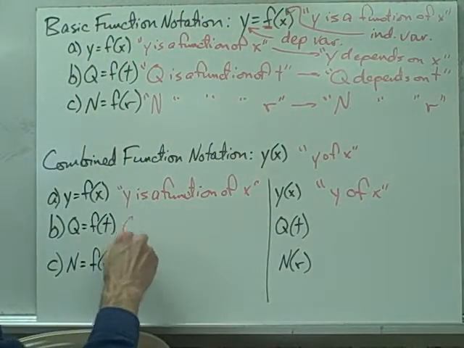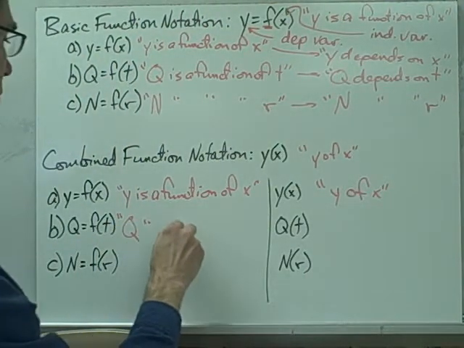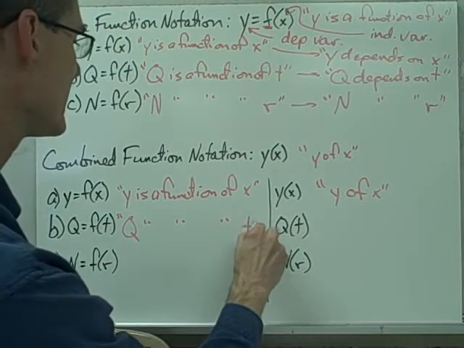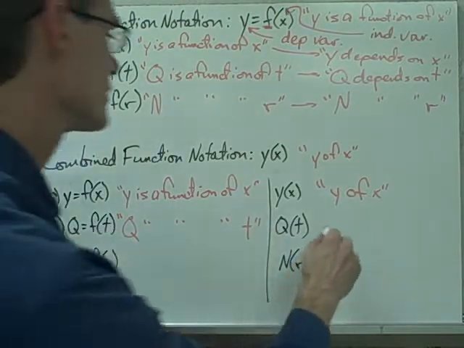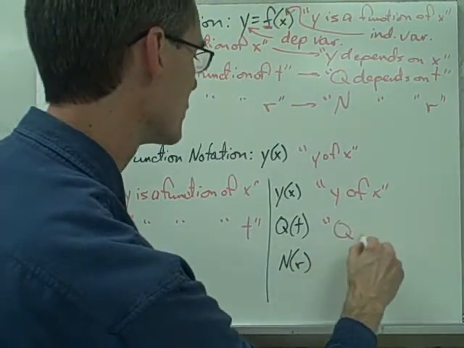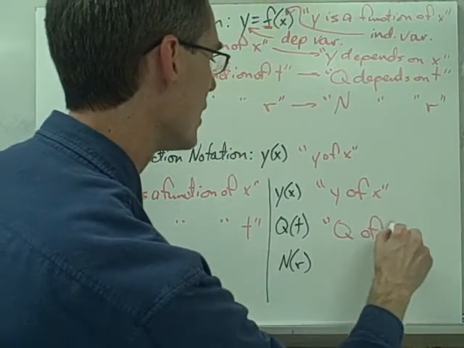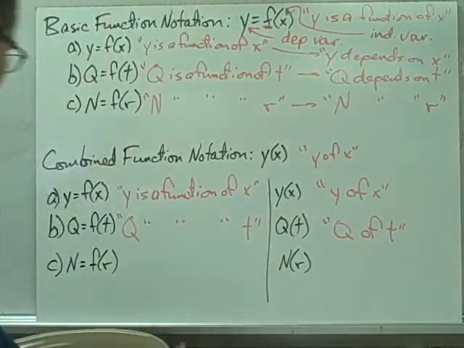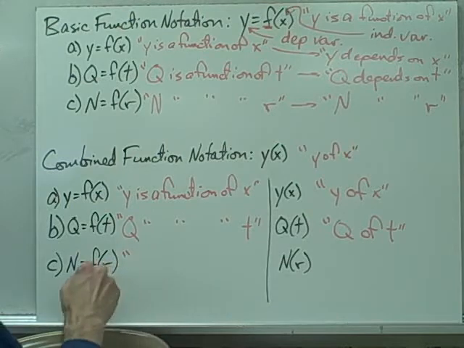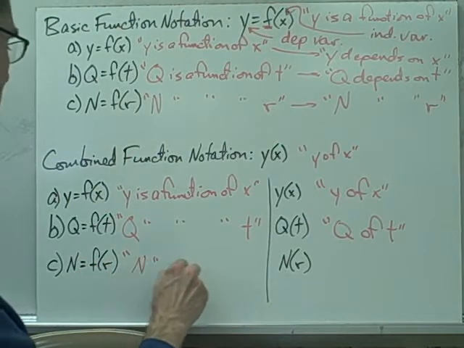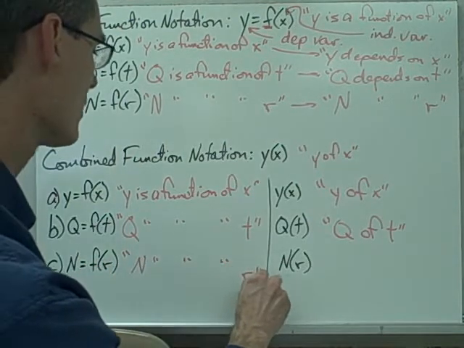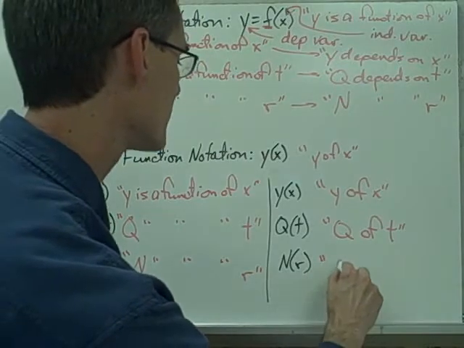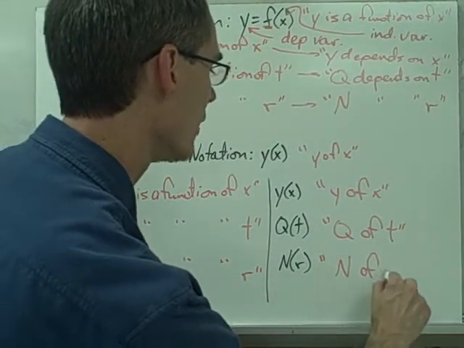For this one, q is a function of t in basic function notation. In combined function notation, we would read this as q of t. And in basic function notation, we have n is a function of r, and in combined function notation, we would say n of r.